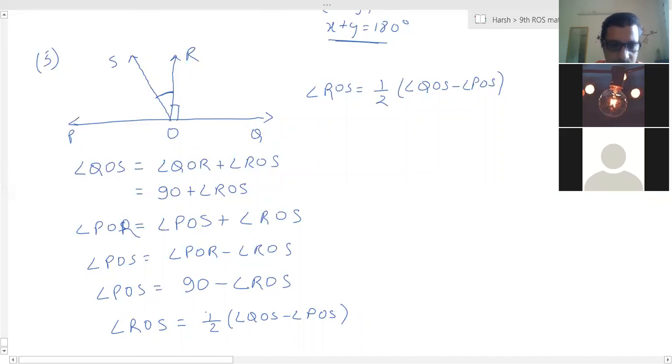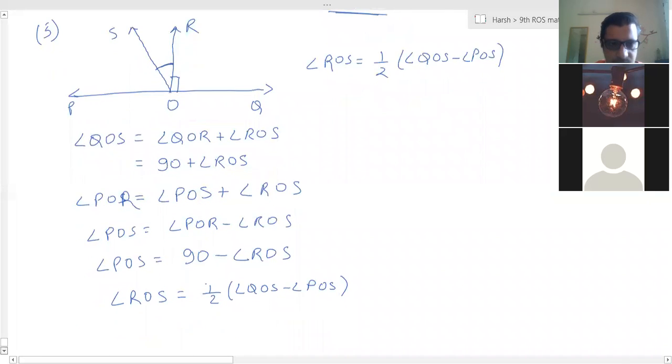So wait. You are telling half of QOS minus POS. So what you have done: QOS is 90 plus ROS. Now POR you have done as POS plus ROS, correct? POS you have done as POR minus ROS, correct? POS is 90 minus ROS. Now tell me, ROS, this you have to prove.